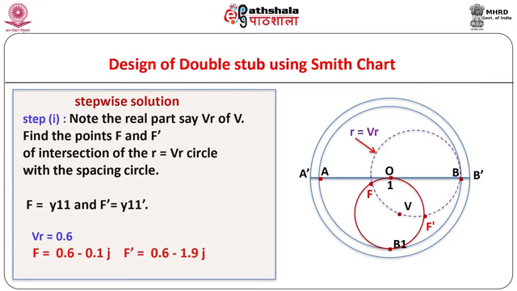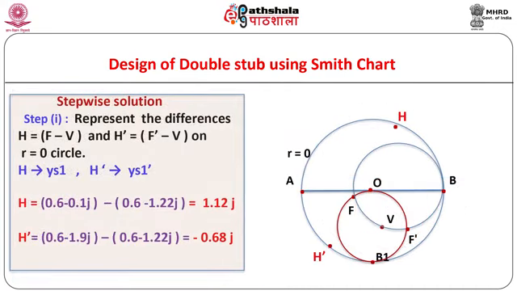Step number 7. Note the real part, say VR, of V. Find the points F and F dash of intersection of the r equal to VR circle with the spacing circle. Then F represents y11 and F dash represents y11 dash. Step number 8.